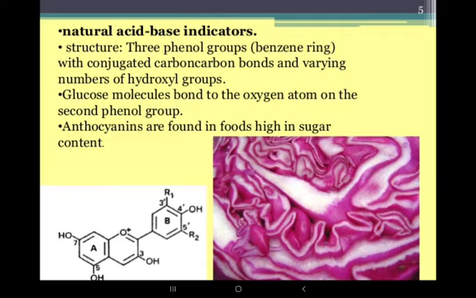The structure has three phenol groups, which means benzene rings with conjugated carbon-carbon bonds and a varying number of hydroxyl groups, with glucose molecules bound to the oxygen atom on the second phenol group. Anthocyanins are found in foods high in sugar content. It also acts as an acid-base indicator. Thank you all.